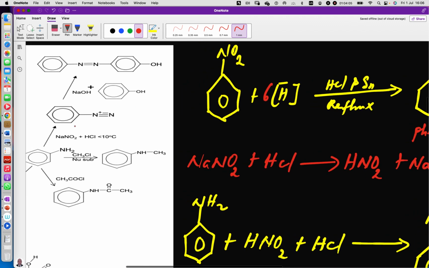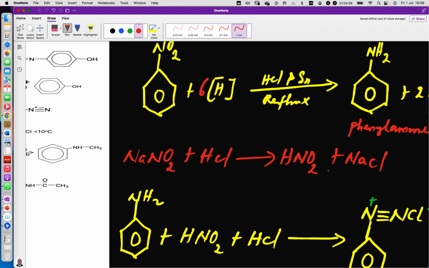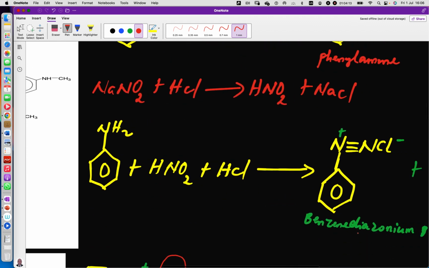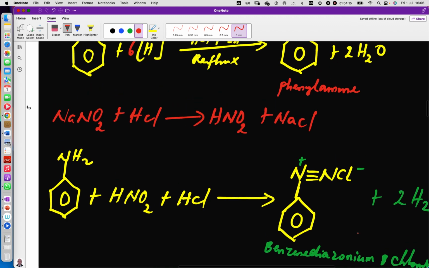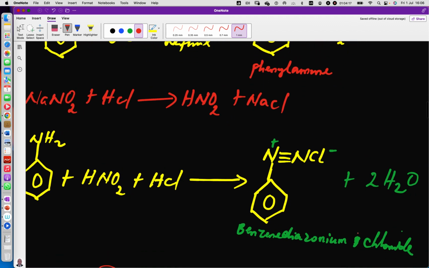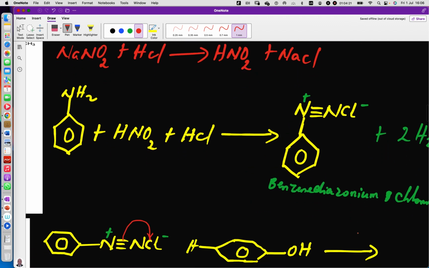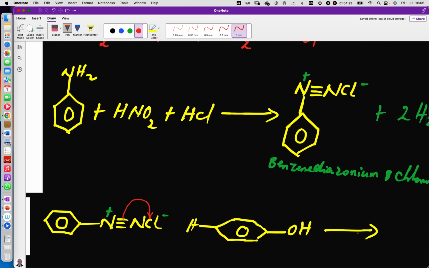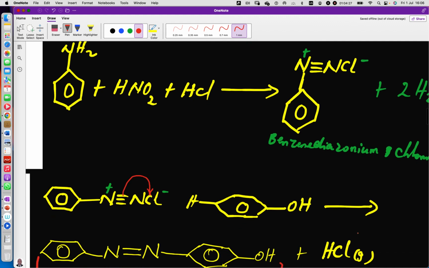Instead of putting this reaction here, you write the reaction and you will have this. This now will be reacted and you will have the salt, the benzene diazonium salt. The diazonium salt is now reacted with what? With an alkaline solution of phenol.